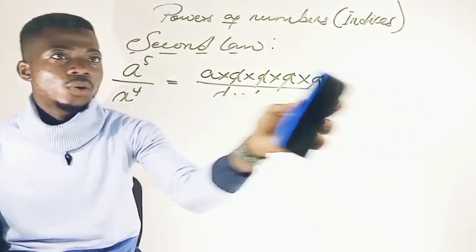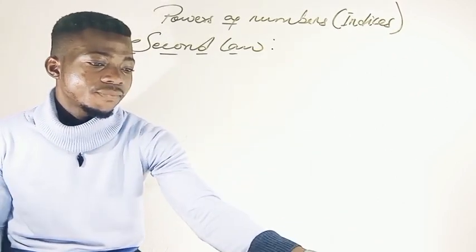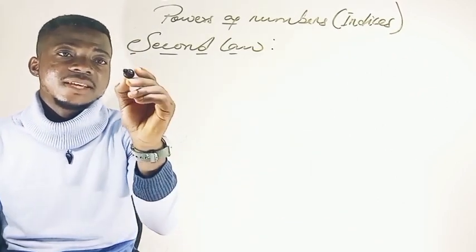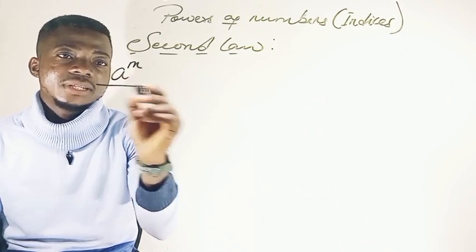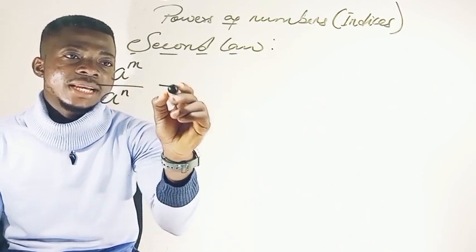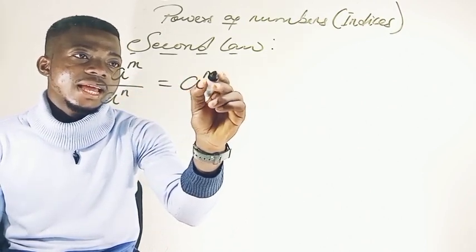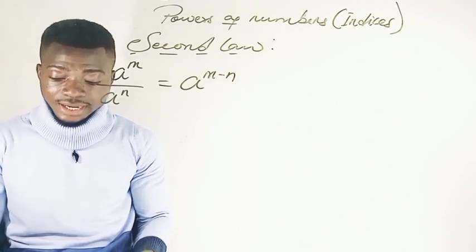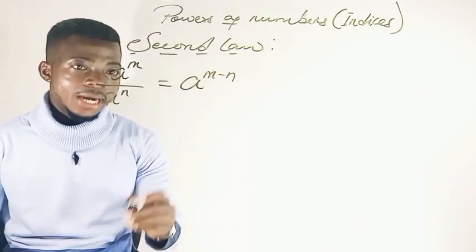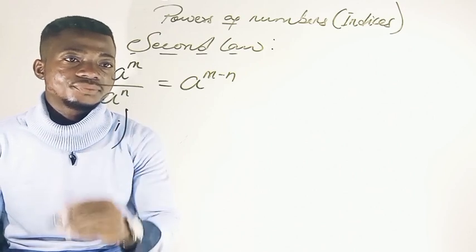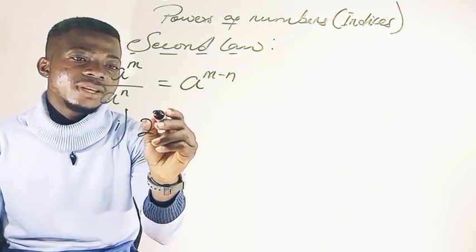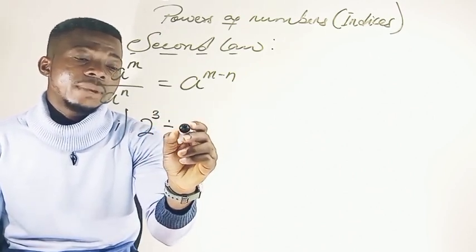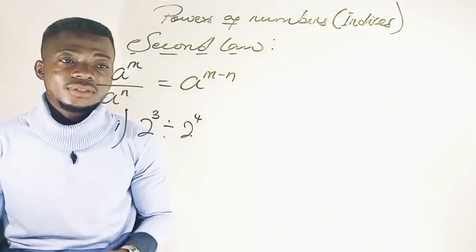Now we know the law. The law says if you have a exponent m divided by a exponent n, then you have a exponent m minus n. Let's take some examples. Example 1: 2 exponent 3 divided by 2 exponent 4.